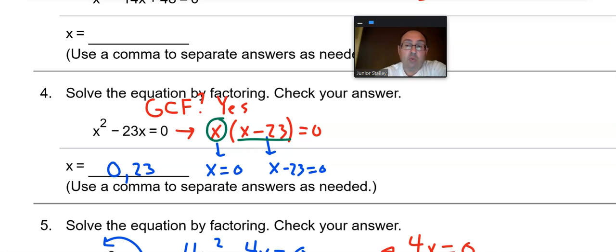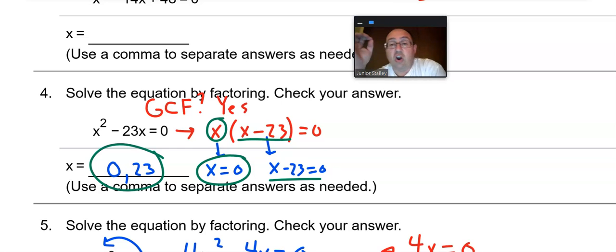Now, once we've factored out the x, set each factor equal to 0 and solve. The reason I'm saying it like that is this. If you set x equal to 0, there's no solving. Right? So when you set the other factor equal to 0 and solve, you find out that 23 is the other answer. So the two answers here are 0 and 23.